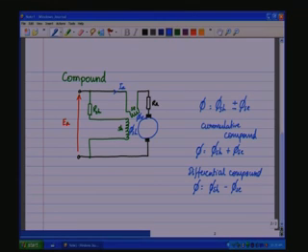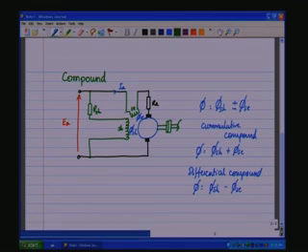Then gradually the motor is picking up speed, and you have IA also flowing because of the load. Because of the load, we have the series field contribution also. Under no load conditions, IA is going to be negligibly small.